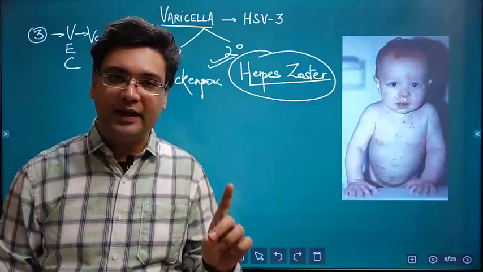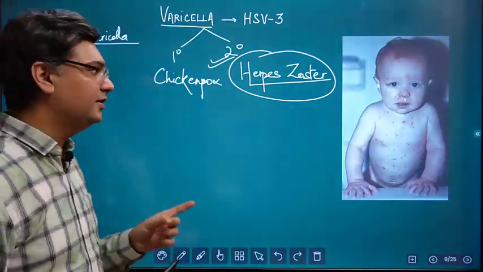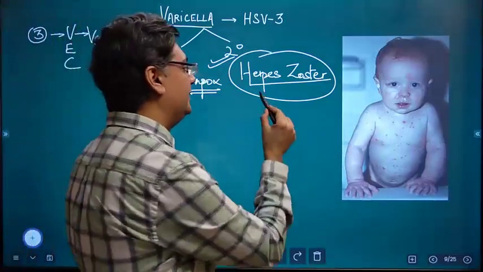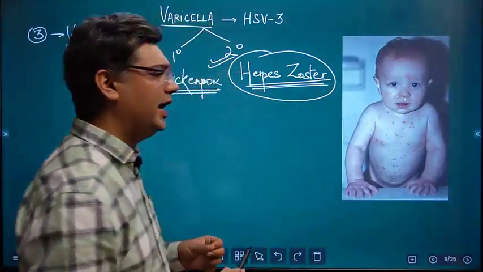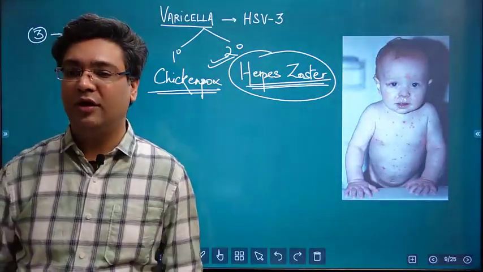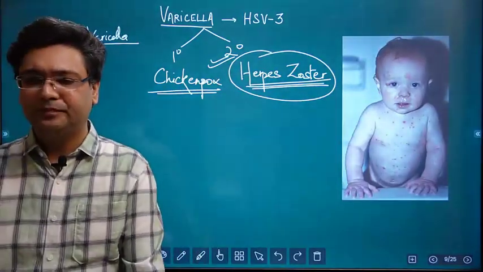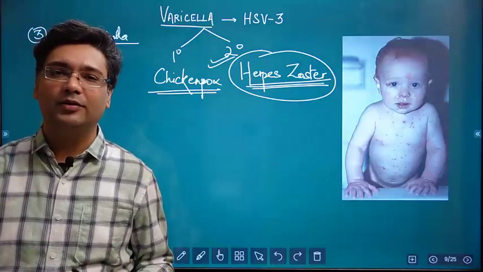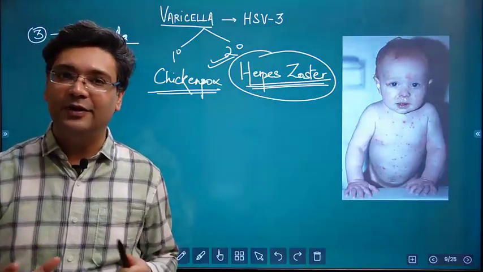Always remember, HSV3 has 2 infections. The first is a primary infection, which is chickenpox, and the secondary infection is herpes zoster.